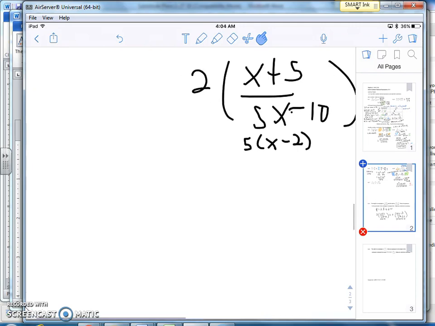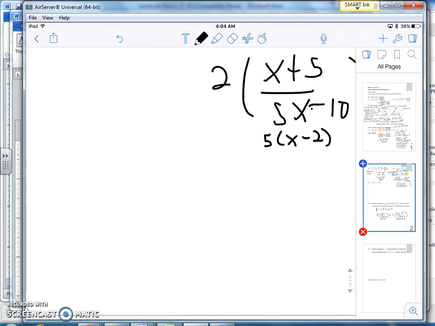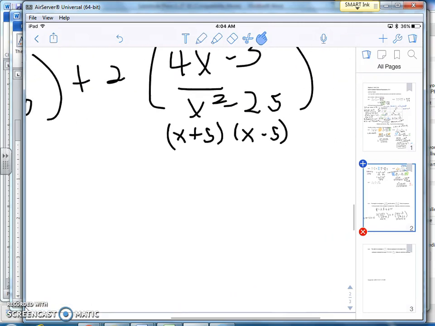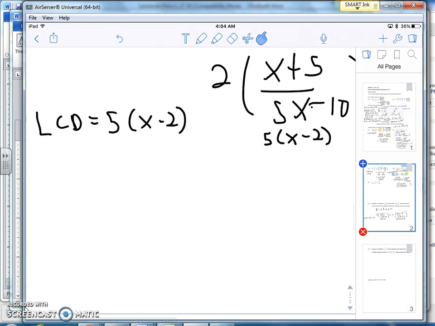Our LCD is the unique factors of the denominators. So we have a factor of 5. We have a factor of x minus 2. And in our second one, I think we're going to need to grab both of those, x plus 5 and x minus 5. So pretty big LCD.